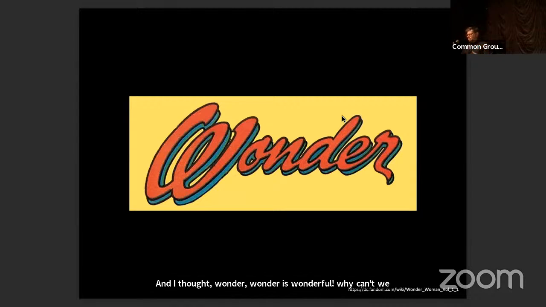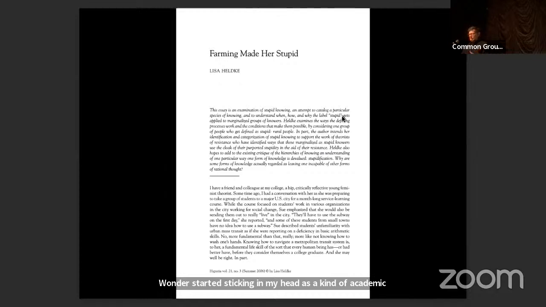So wonder started sticking in my head as a kind of academic failure, but a humanistic or a food systems success. And then I read Lisa Helke's extraordinary chapter, Farming Made Her Stupid, in which she talks about low knowledge and high knowledge, and that a farmer who had been an intellect and started doing work with their hands in food praxis and engaging with materiality started to be considered stupid, or at least unintelligent in the sense of academic knowledge.